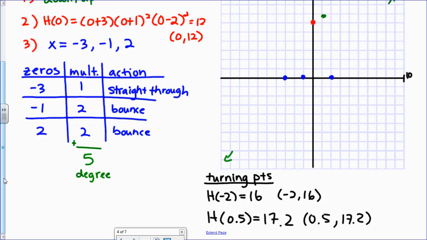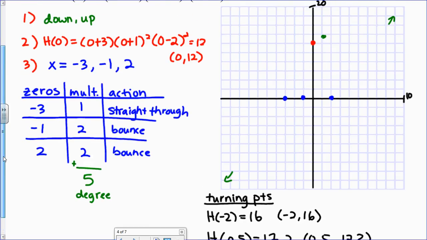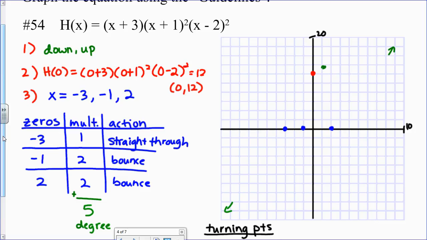Okay, so then I can graph those. So -2, 16, so 12 here, and 0.5, so here's 16, a little bit more than 17. Well, between 17 and 18, really. Okay. All right. So we start down here. I go up to this point, turn around. I bounce here.